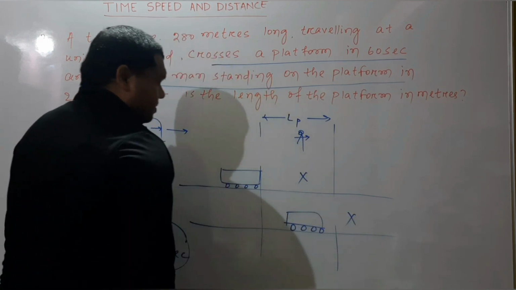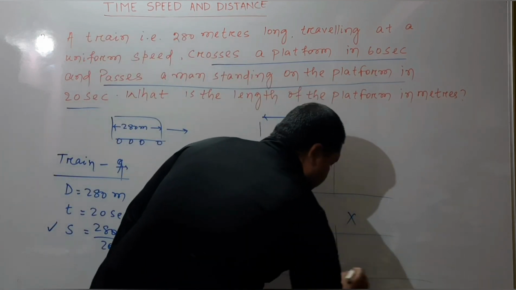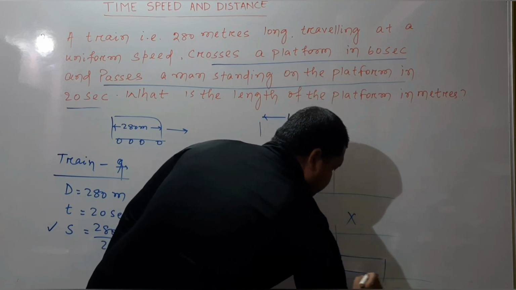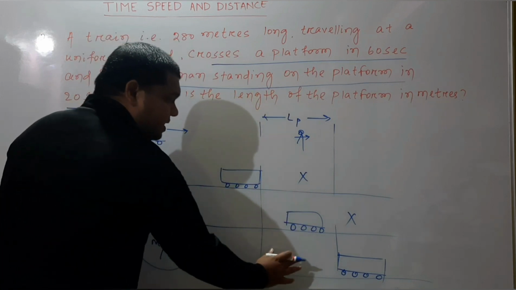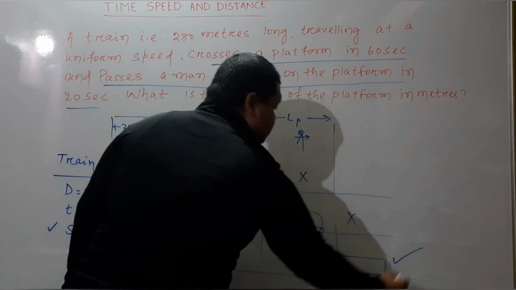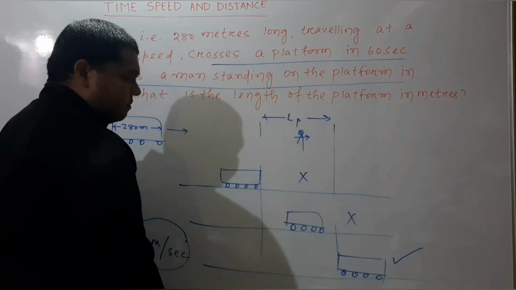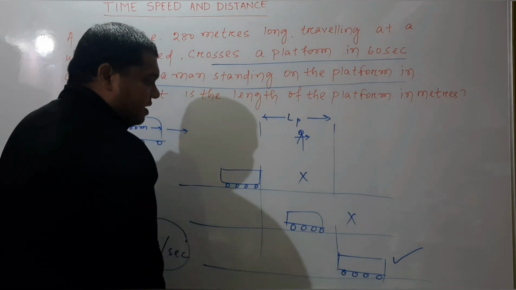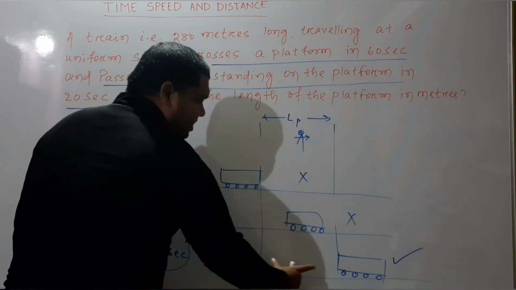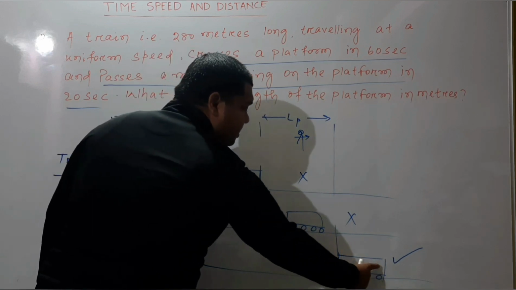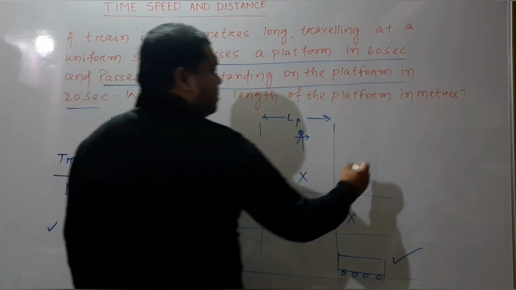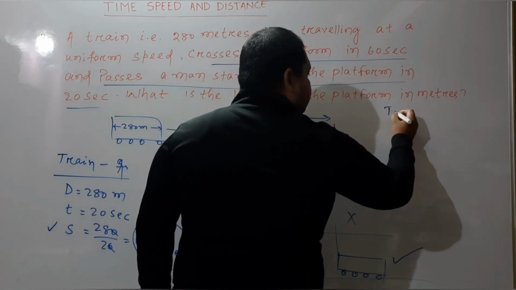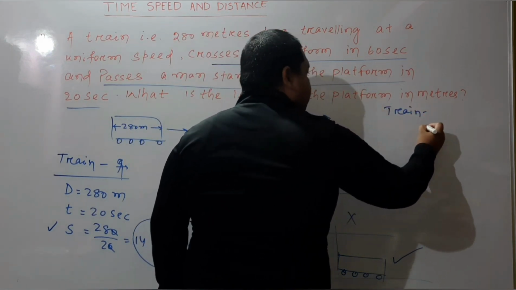No. When the train is at this position, for this case, the train has passed this platform. So how much distance will the train travel? LP, that is platform length, plus its own length. This is the train and platform relation.